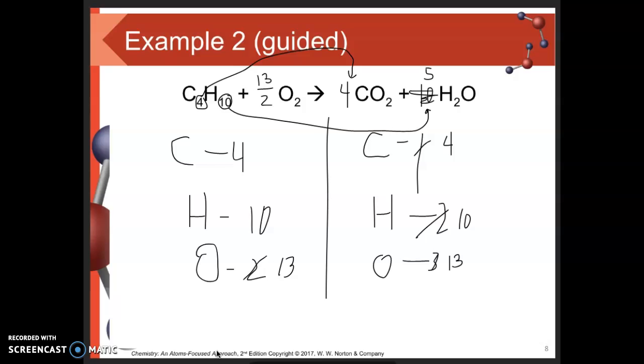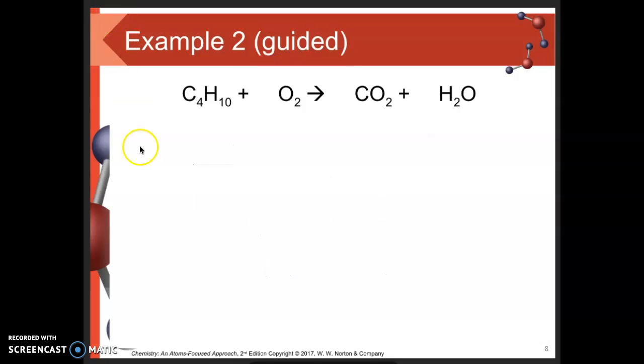So what you'll see most people do is instead of using a fraction there, starting this over, they'll just double everything.